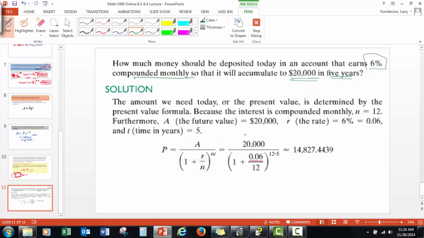So the amount's going to be $20,000, and you still use that formula we just talked about, exactly the same as before. So you take $20,000 and divide by that, and it gives you $14,827.44. So that means you need to invest a little over $14,000, almost $15,000, in order to have $20,000 in 5 years at 6% compounded monthly.